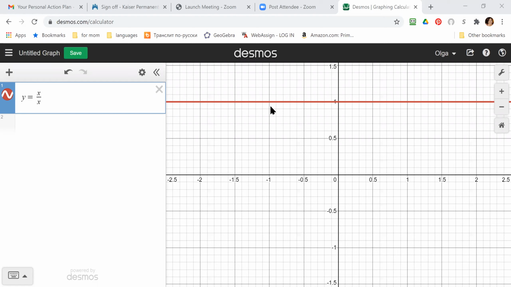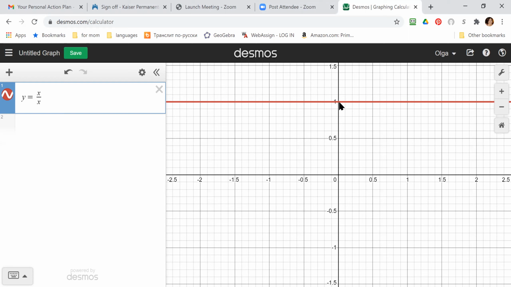When I point on the line, it gives me coordinates. For this point, for example, the coordinates are -1, 1, and here is -0.221. So it is a horizontal line. Basically, it's the graph of y equals 1.